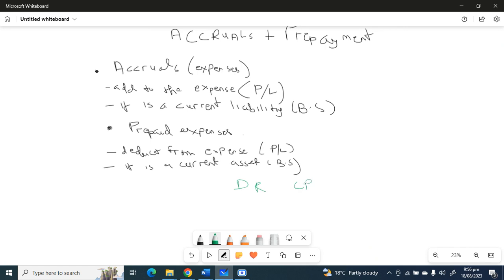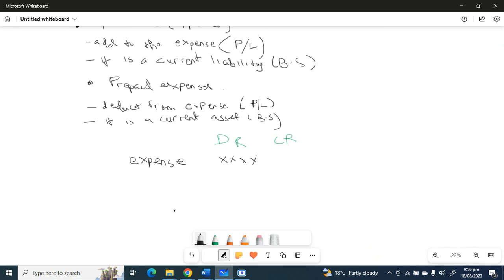You're going to debit the expense, and then you credit the expense payable, or maybe accrued expense, whichever you feel comfortable with.